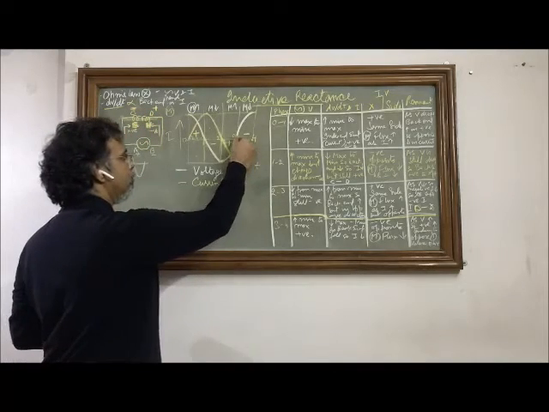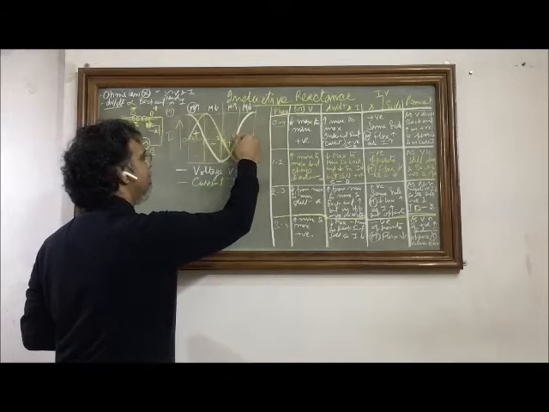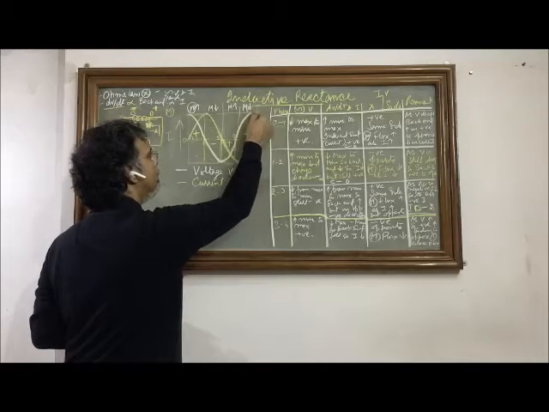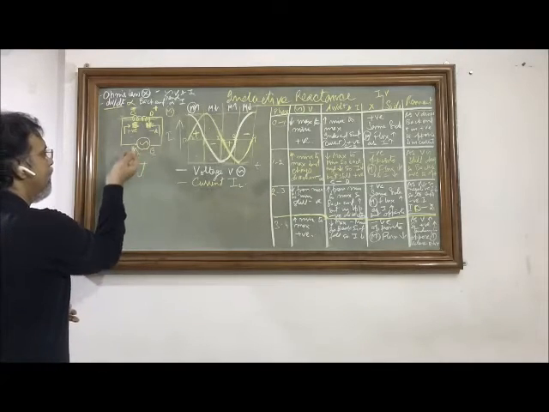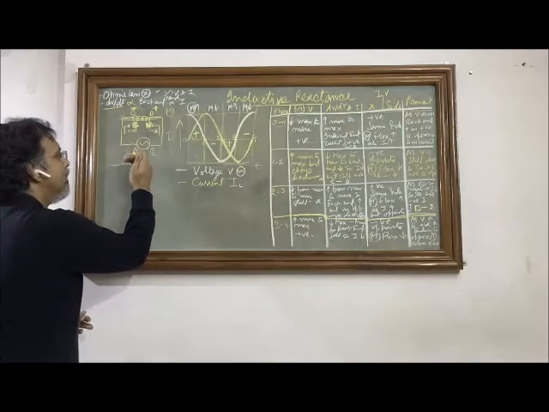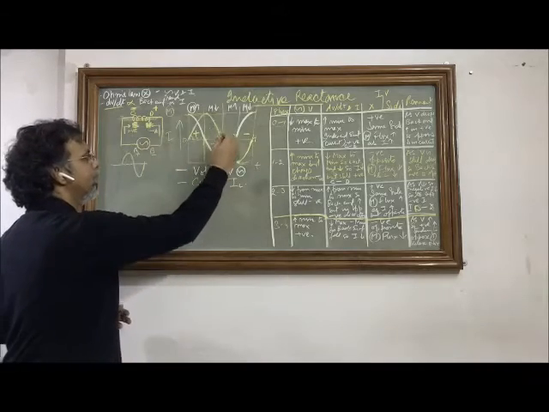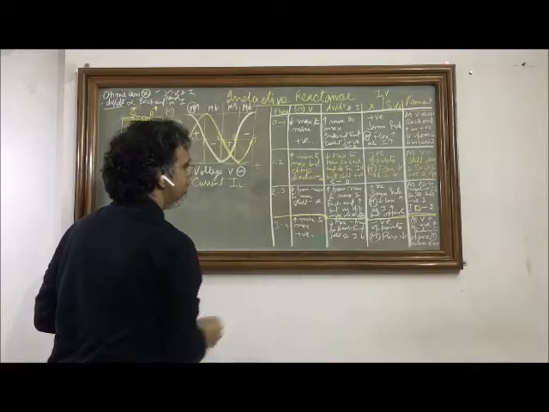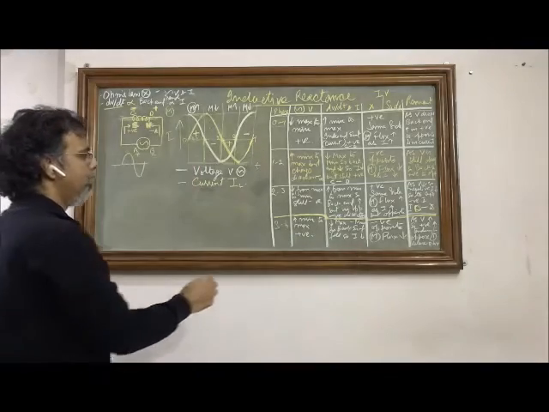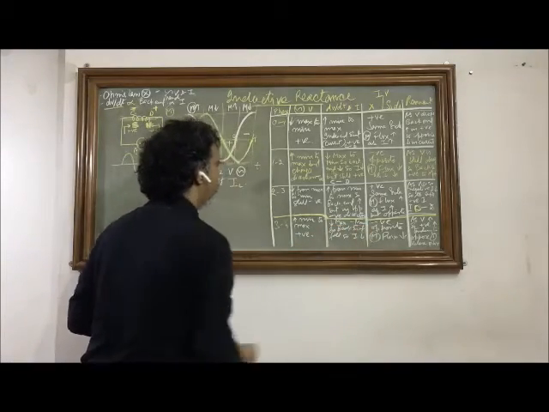And now you see the rate is maximum here and the rate is falling. The voltage is increasing at this point, but initially it is increasing very fast and then it is increasing very slowly, which though it is increasing but the rate is slow. So the rate is changing, the dV by dt is changing, and the dV by dt is from maximum to minimum. Now what does this mean?